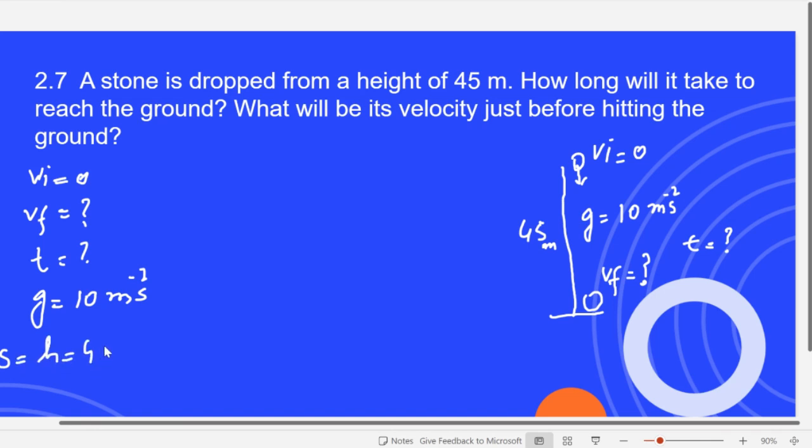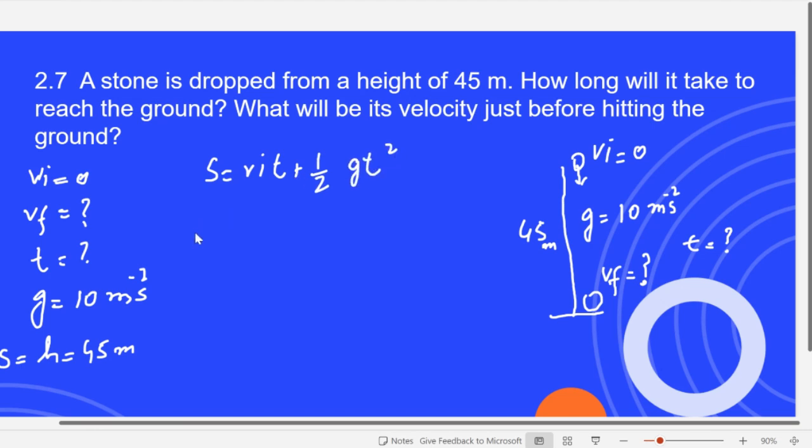First of all, we use the second equation of motion. S is equal to Vi t plus 1 by 2 g t square. The height is 45.